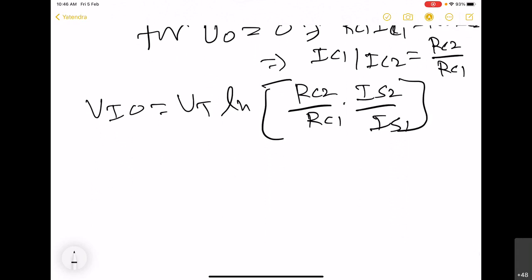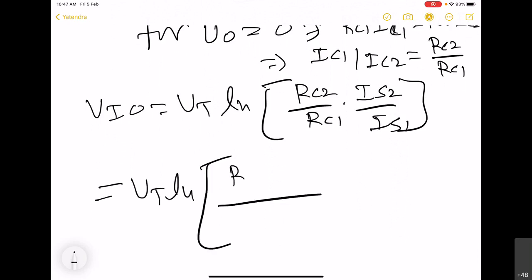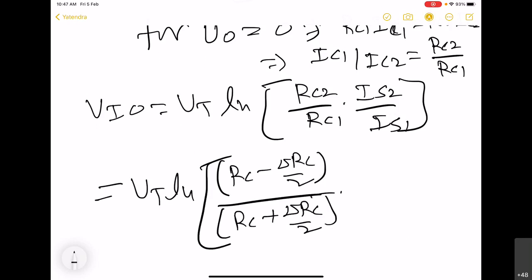And these quantities we again represent in the form of the common mode quantity and the differential quantity. That means RC minus delta RC by 2, RC plus delta RC by 2.